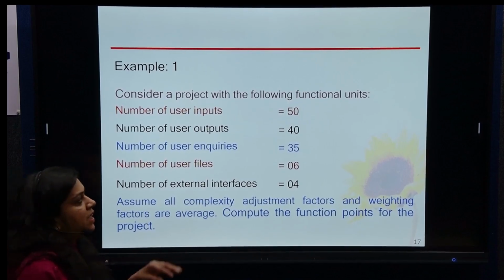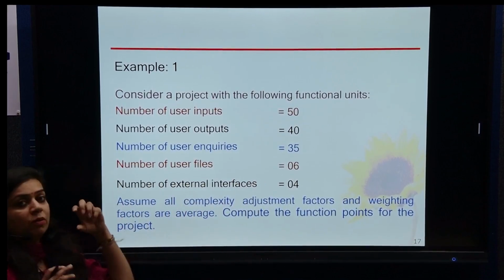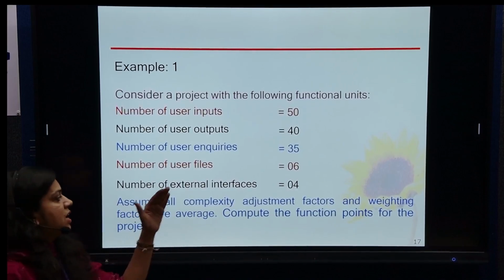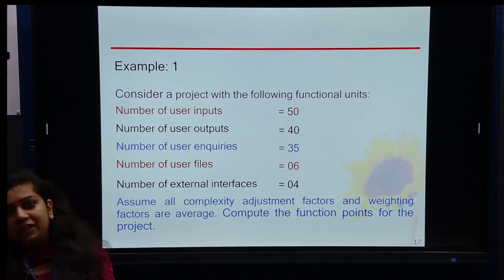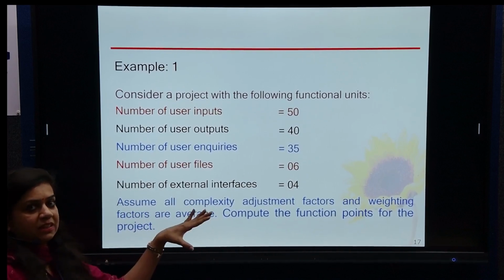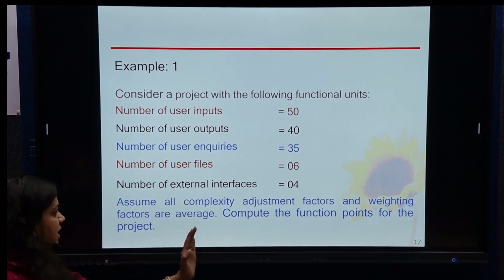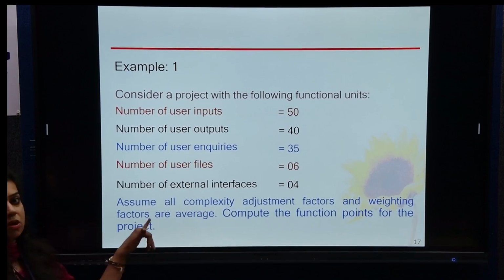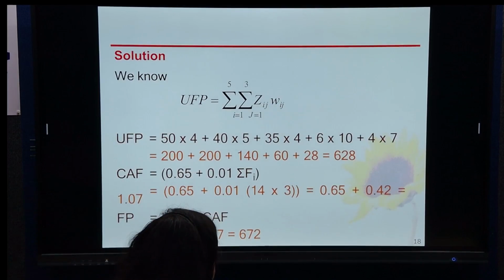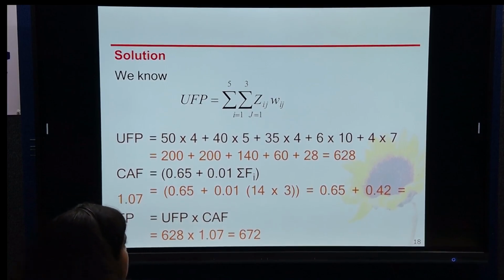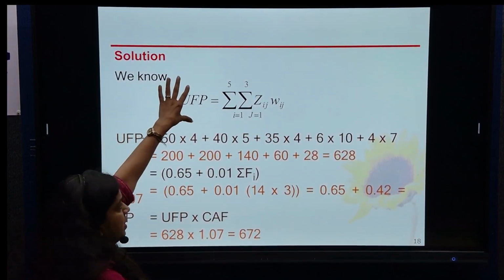So it means the value of Zij is given, meaning the total function count is given, and we are assuming all the complexity adjustment factors, meaning the 14 factors, are rated as average value, that is 3, and the weighting factors are also average. So let us solve this. First of all, we have to calculate the UFP.